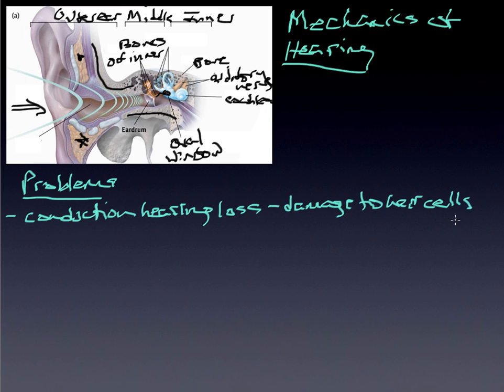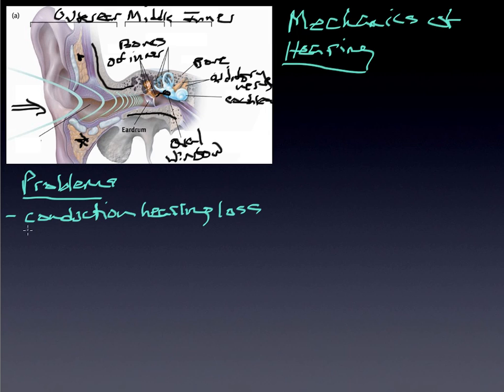Or the associated nerves associating with them. So problems with the mechanical system is a conduction problem. Okay, and I misspoke. All of this is another kind of problem.